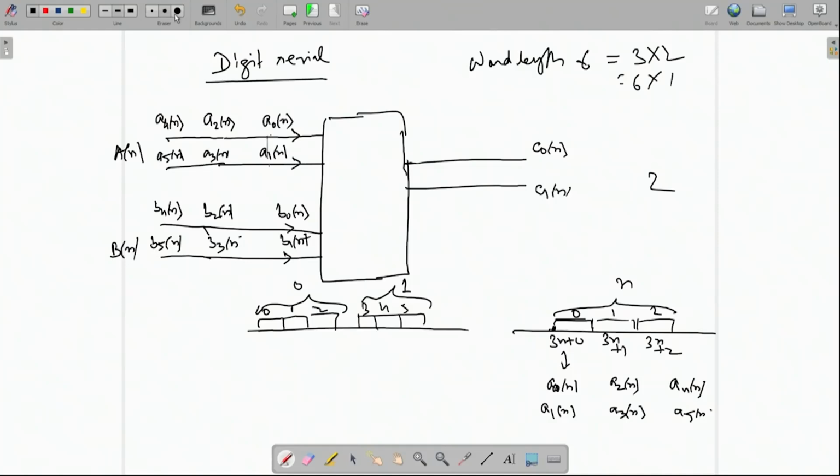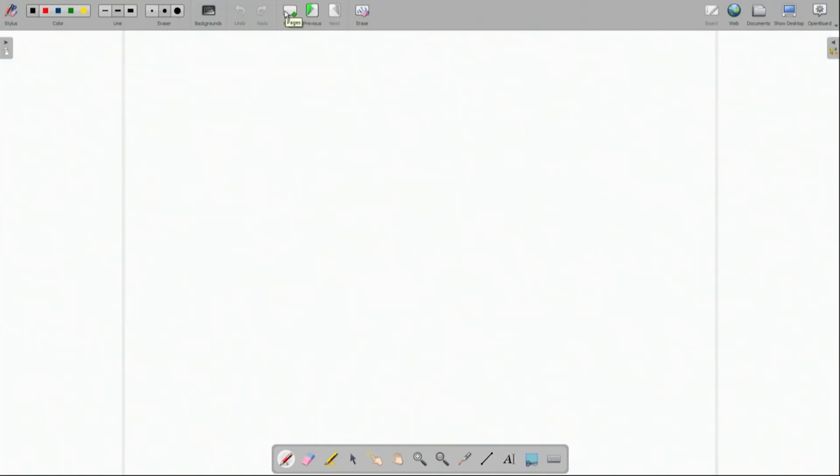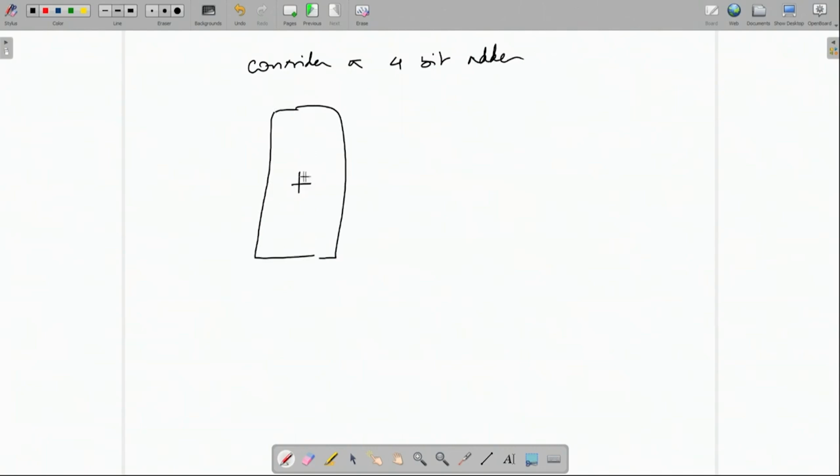To give an example, consider a 4-bit adder. That is, if you have a 4-bit adder, originally it is A0n, A1n, A2n, A3n.